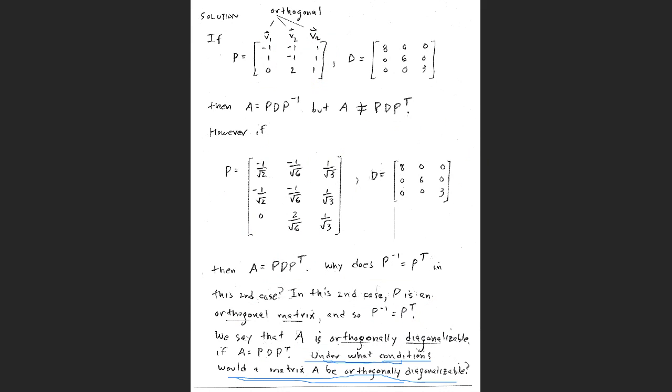What do you think? What kind of matrices do you think are orthogonally diagonalizable? I'll give you a hint.